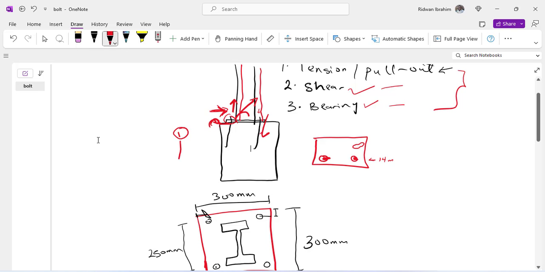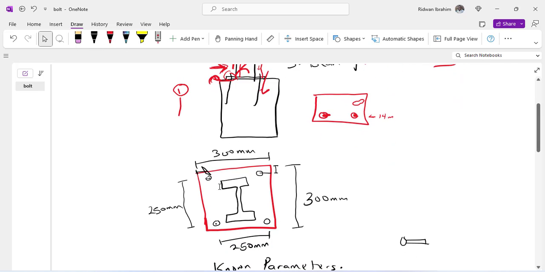If we have 4 bolts and you apply a moment in this direction, these bolts will pull out, whereas these bolts will come in. So these 2 bolts will be in tension while these 2 bolts will be in compression.